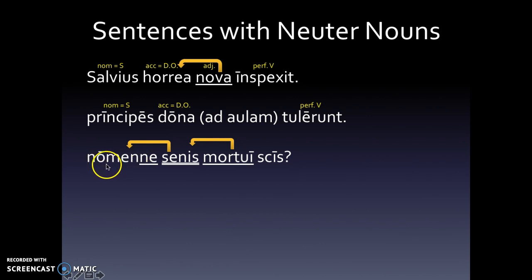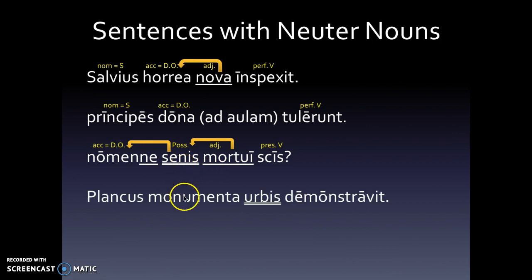Is the name doing the verb or is it receiving the action? Well, let's compare it to the verb. Our verb ends in S. If a verb ends in S, that means that the subject is you, forcing this into the accusative. So, do you know the name of the dead old man?